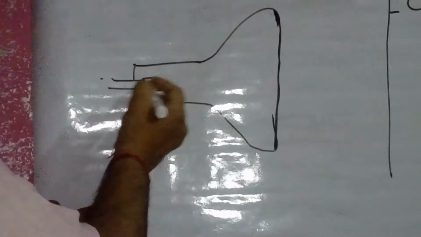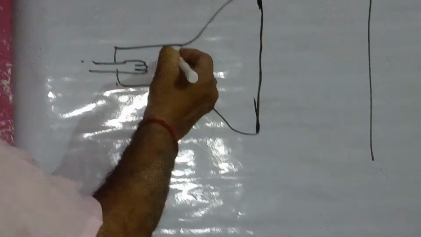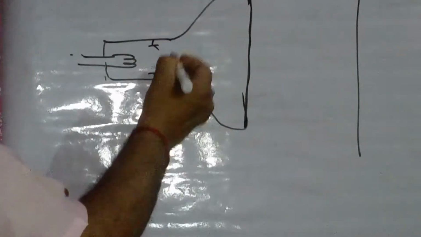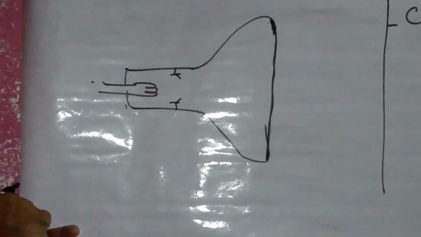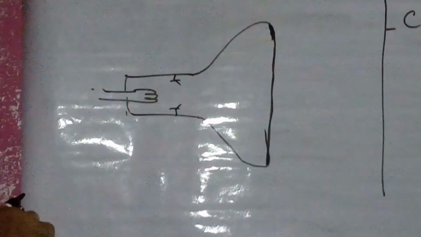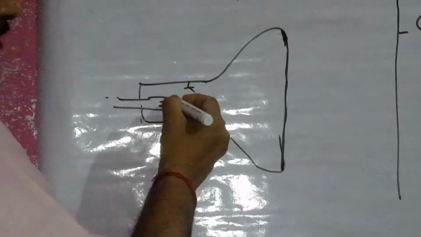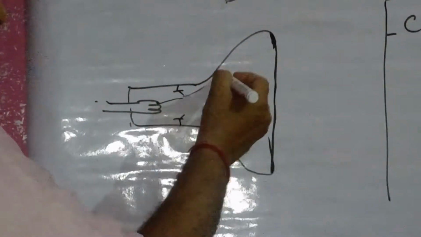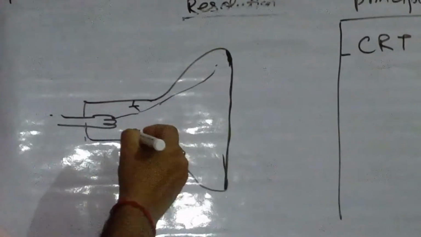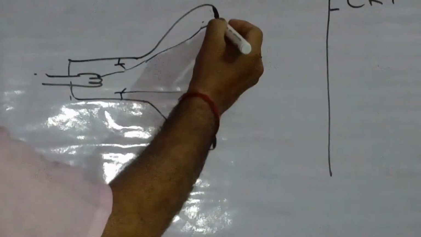Here an electrode is placed and some director which moves the electrons to the screen, and when electrons move from the electrode, it diverts the electron beam to the screen.